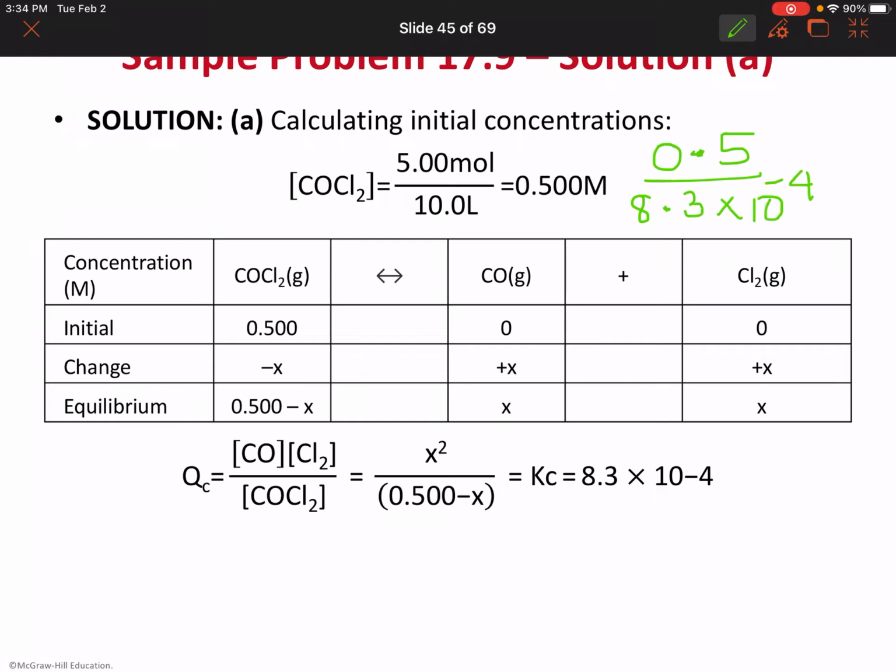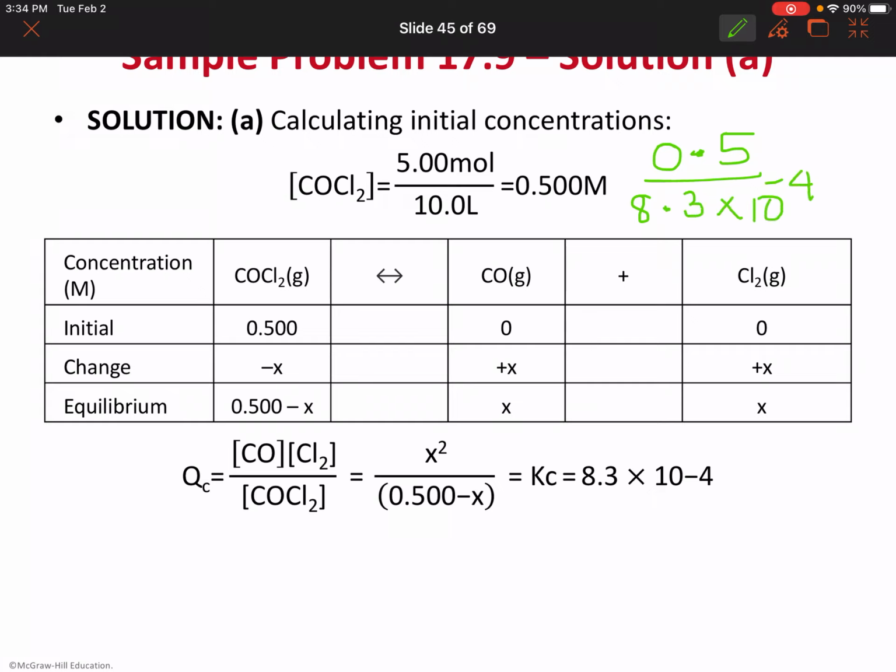If this is going to be greater than 400, the assumption is justified. Less than 400, we have to solve for x by using a quadratic equation. So let's see what number we would get.